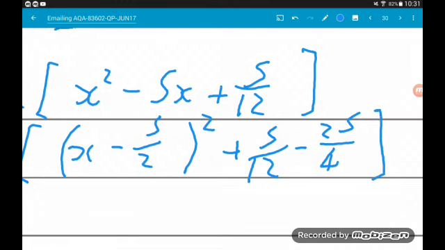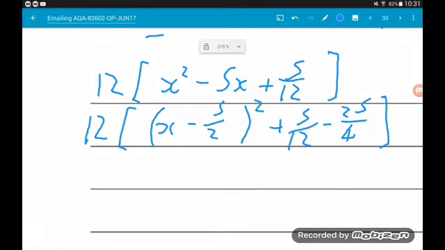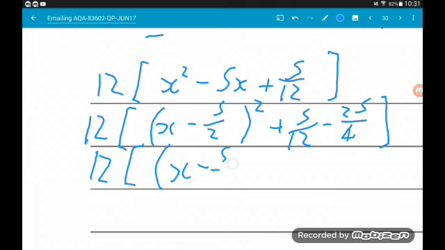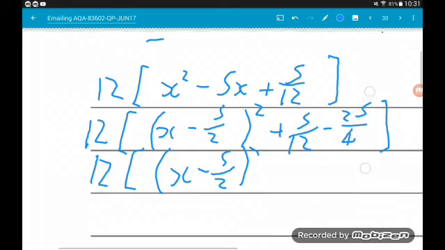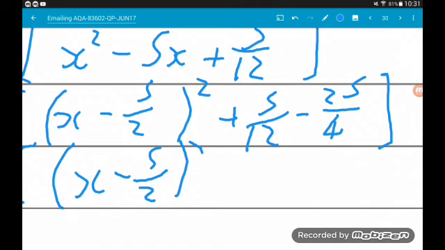Okay, so we're going good, guys. So we've now got 12 lots of x minus 5 over 2 squared. Now you can just use your calculator here to combine 5 twelfths minus 25 over 4. I'm going to do it without though, because I don't like calculators.